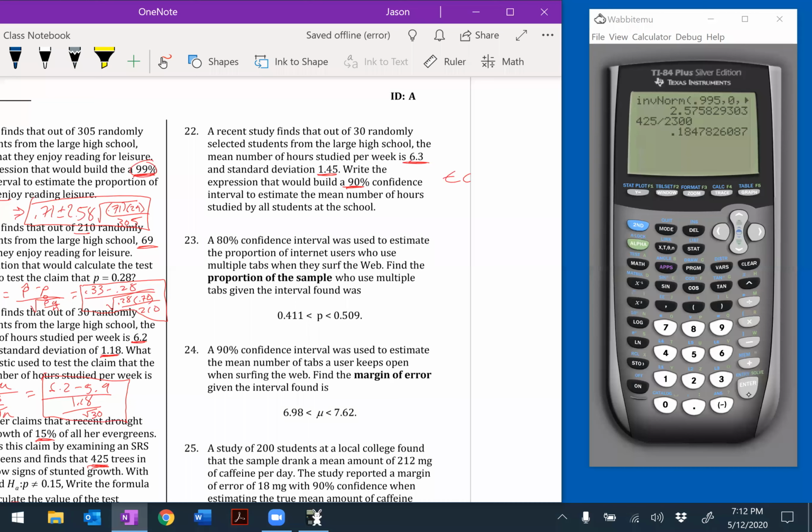And so we would need a T star in this case. The T star for a 90% confidence interval: it's got to be 90% here, which means that I've got 5% here and 5% here. So in order to calculate that T star, I've got to do 95%.